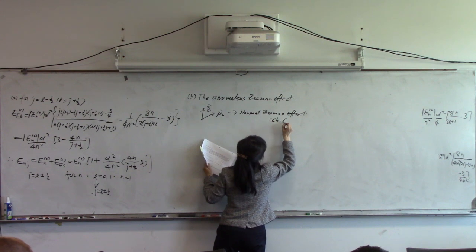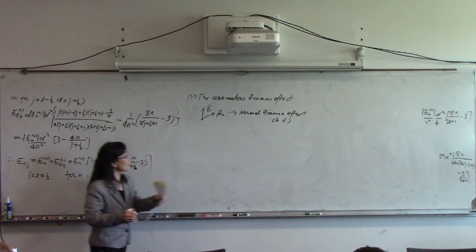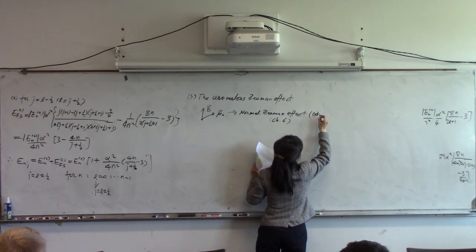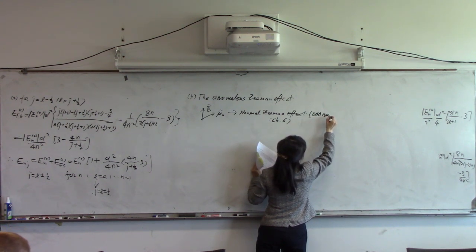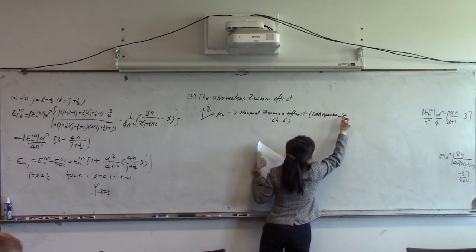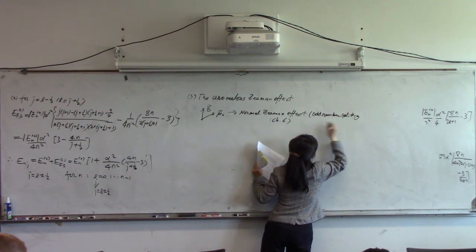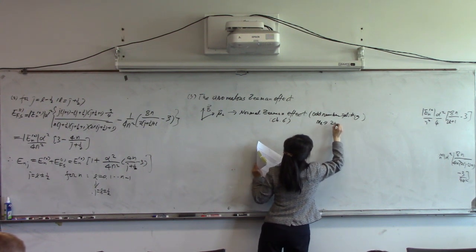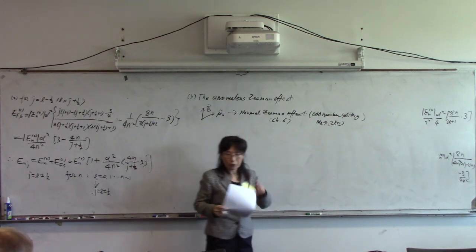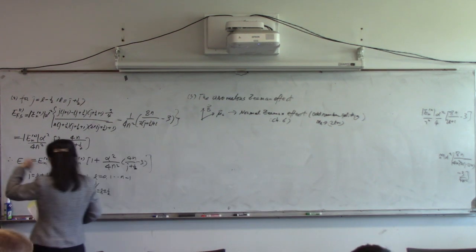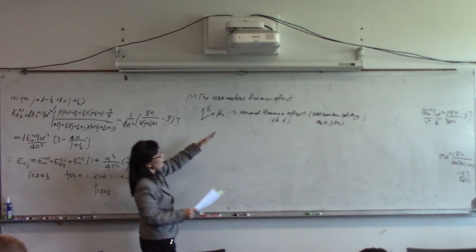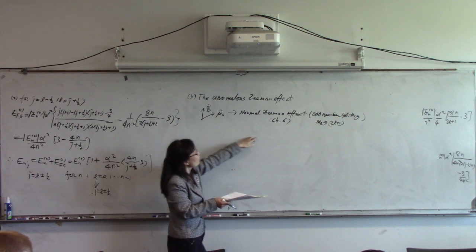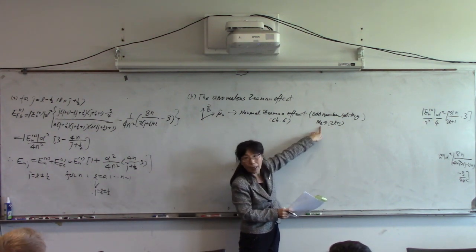In that case, we know that the splitting gives an odd number, dependent on this m value, 2L plus 1 values of m. So for a given L, when we switch on the magnetic field, we found the levels split into 3, 5, 7. Why? Because for a given L, we have an odd number of m_L.